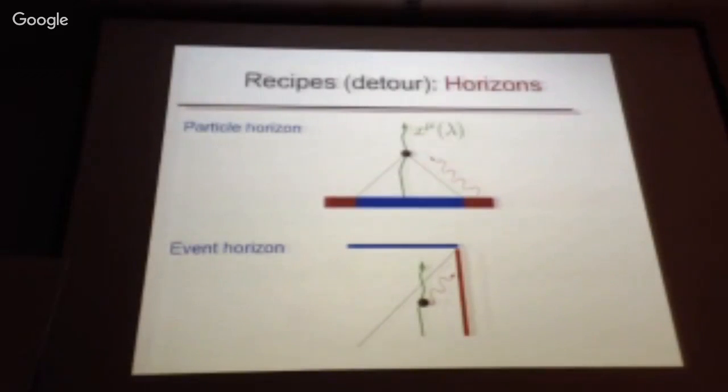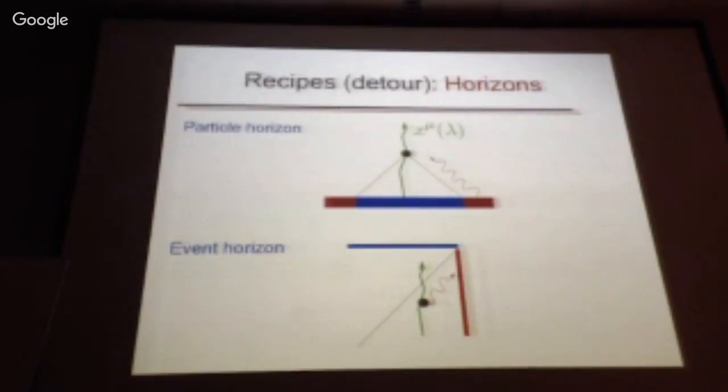Well, actually, on this spatial slice, there are points that can affect the call of my observer, but there are also other points that cannot affect the call. Why? Because they are not causally connected.